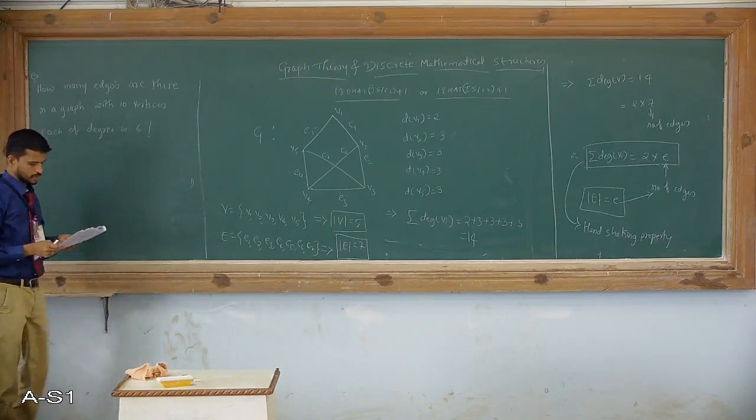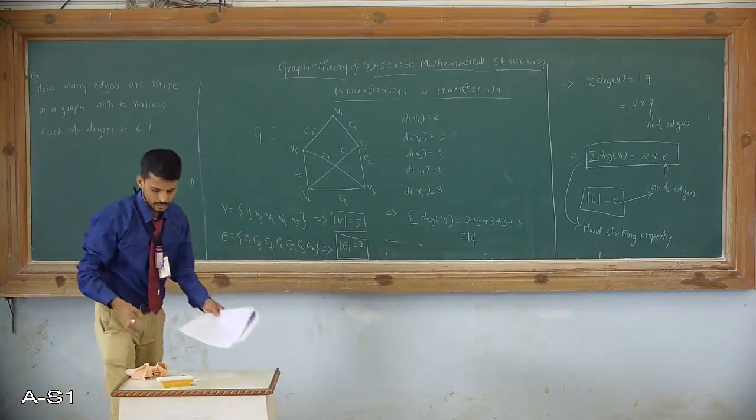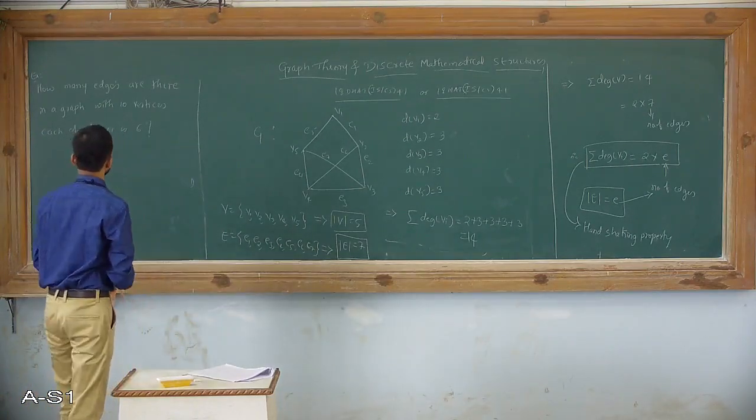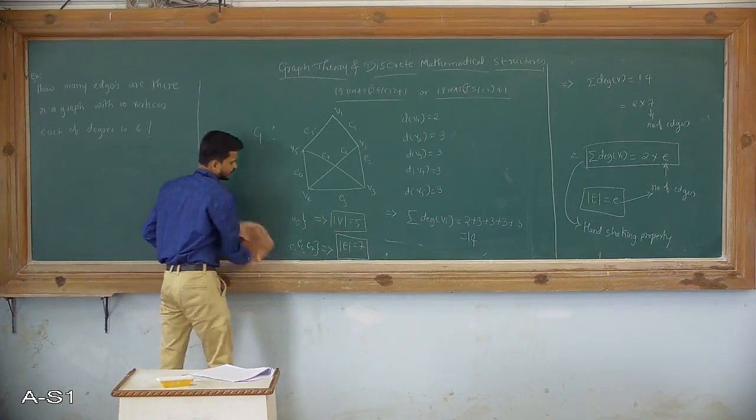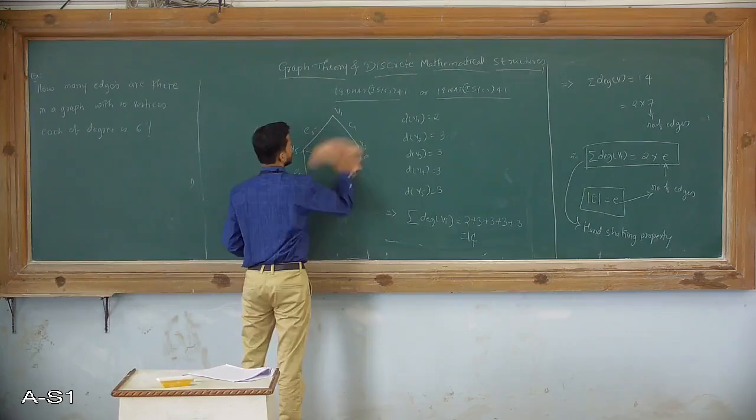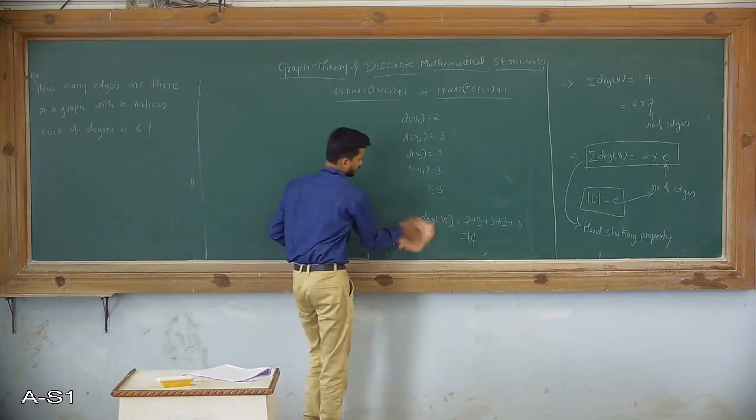I repeat the question once again. How many edges exist, we need to calculate in this question. Here the number of edges needs to be calculated, but the number of vertices and the degree of each vertex are given.